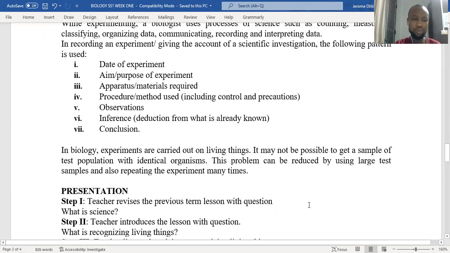It may be possible to test the population of organisms. For example, in biology practical, you carry out some tests in the lab. You carry out some cultures in the lab and observe them under the microscope. Biology is a very interesting subject, and the topic is broad.